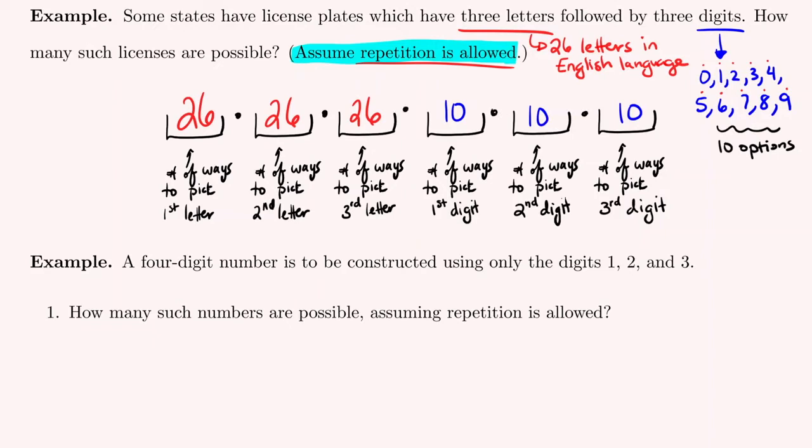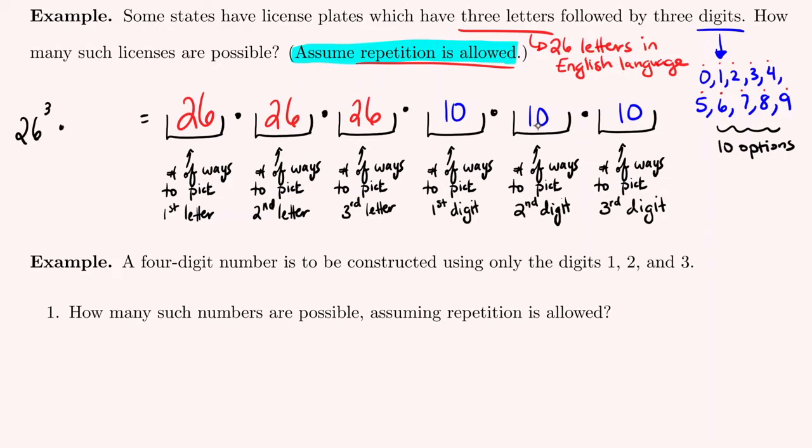Now, this is going to be an extremely large number. Some of y'all's calculators won't even be able to calculate it. It will give you something in what we call scientific notation. So when the number of ways something could occur is very large, instead of writing it out in scientific notation or a very large number with many, many digits, we can use exponents. 26 multiplied by itself 3 times is written mathematically as 26 cubed.